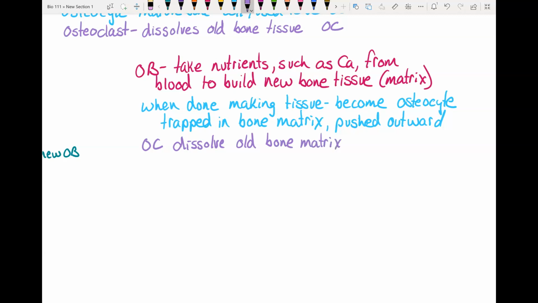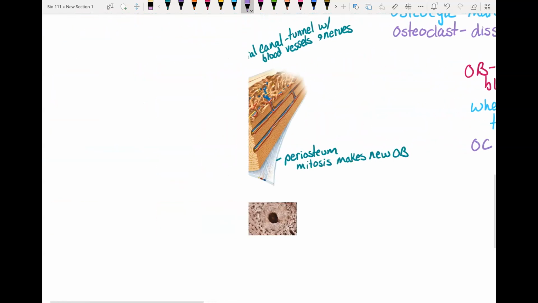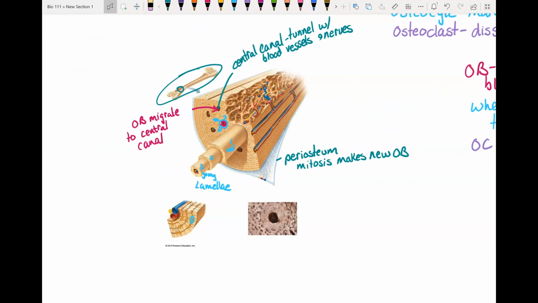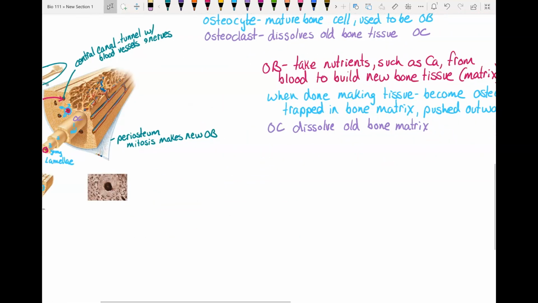And when they do, they kill the osteocytes that are in there. So you're getting rid of the old tissue and the old cells and constantly replacing it with new. So out here at the edge where you have the old, that's where then the osteoclast would come along and dissolve that old. And then you would make another layer of new here and everybody would get pushed out, and that is a continual process. So that continual process is bone remodeling.